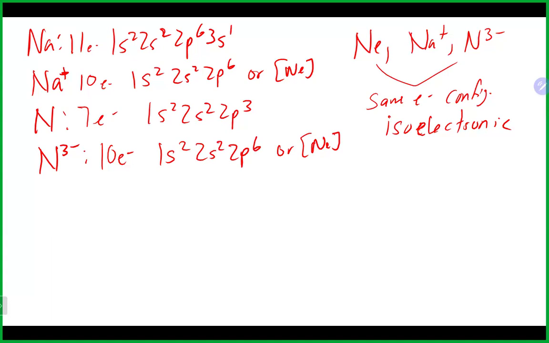Any questions on that there? Now, when we have something that does have a charge like that, we do have to take it into account. Transition metals, though, are a little different in terms of what happens when they do get a charge.